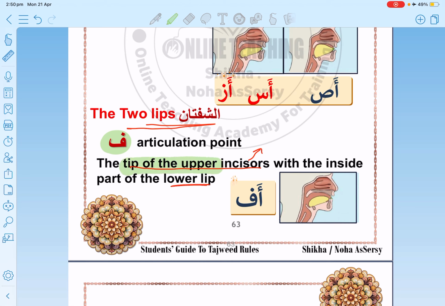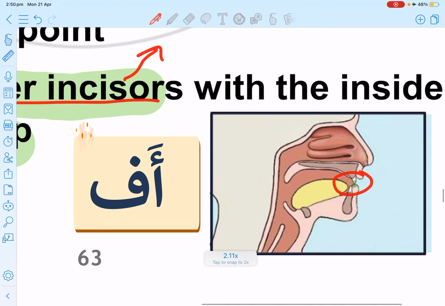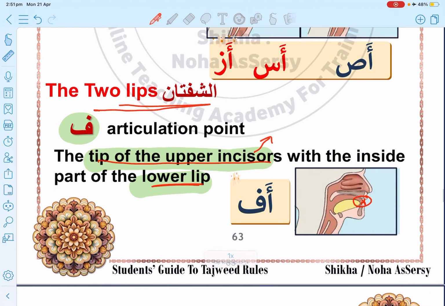This is مخرج الفاء. As you can see in this diagram, this is the upper teeth, and this is the lower lip. So when the tip of the upper teeth touches the lower lip, this is the articulation point of the fa, مخرج الفاء.